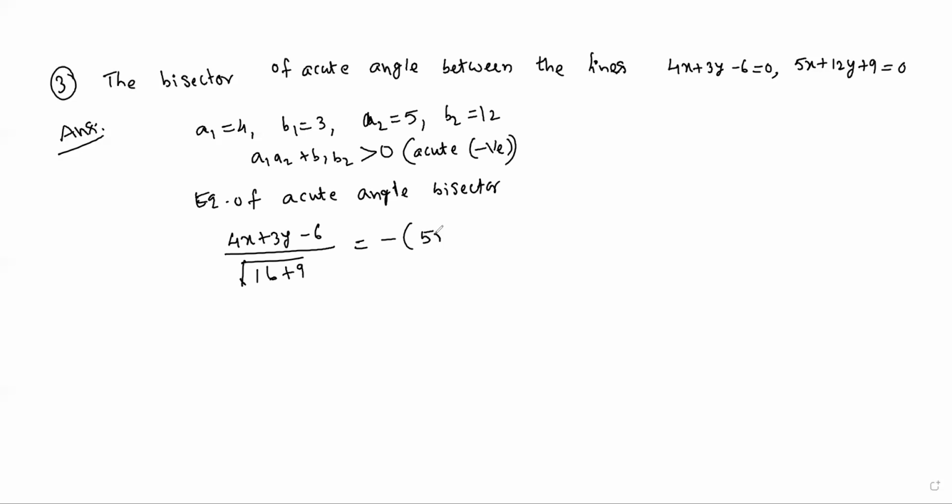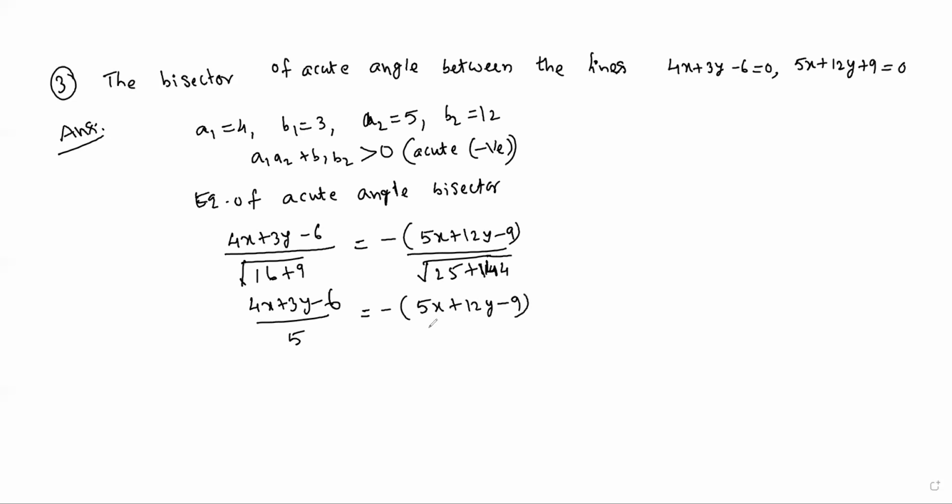That is very, very important. 5x plus 12y minus 9 by root of 5 square 25 plus 12 square 144. Here 4x plus 3y minus 6, this is root 25, that is 5, minus of 5x plus 12y minus 9, this is root 169, that is 13.